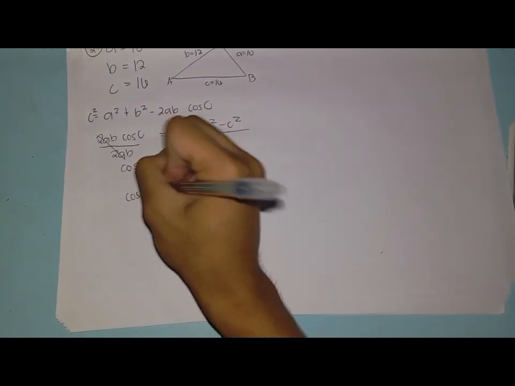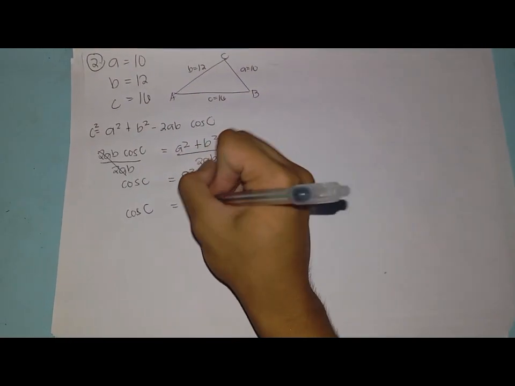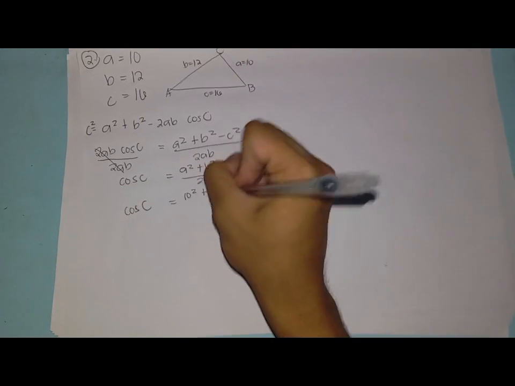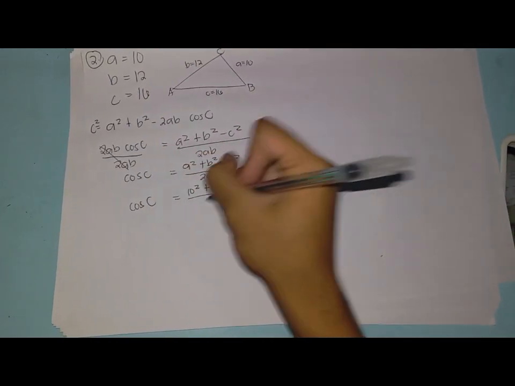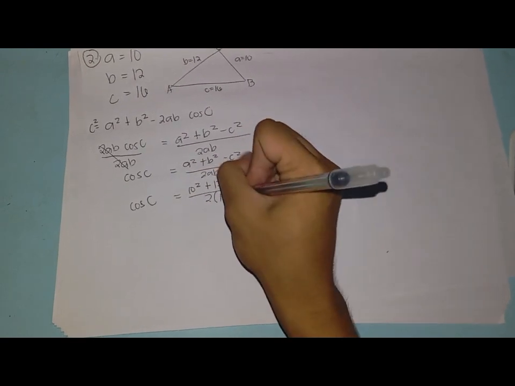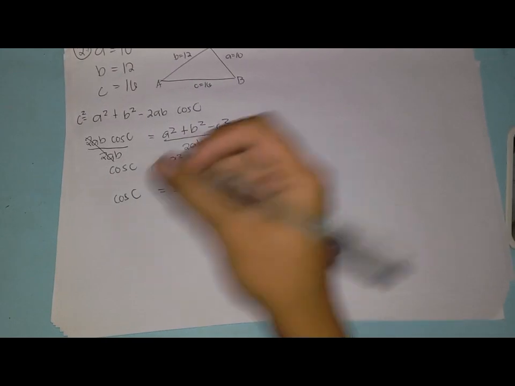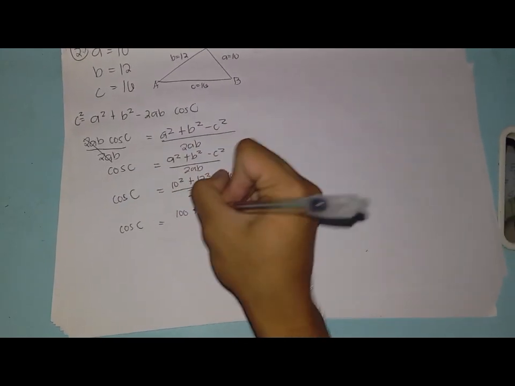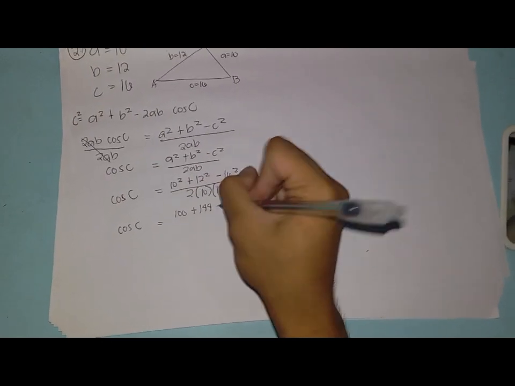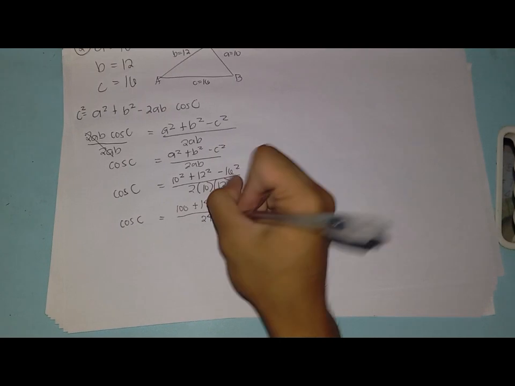So cosine C is equal to, substitute the value of the sides. So we have 10 squared plus 12 squared minus 16 squared over 2 times 10 times 12. So cosine C is equal to 100 plus 144 minus 256 over 240.